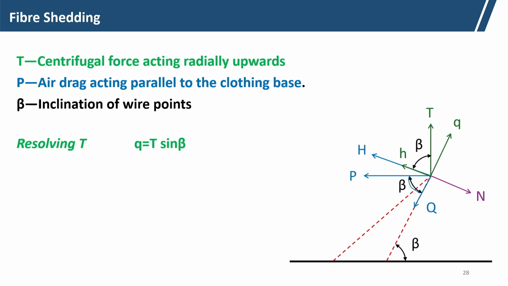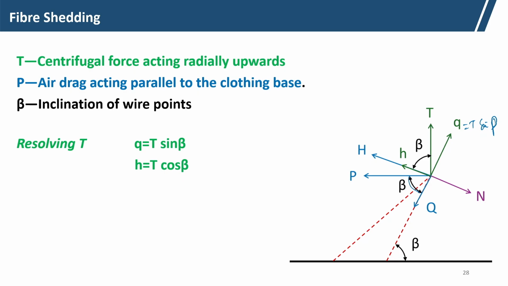T can be resolved into two components, one is Q and another is H. So, Q is equal to T sin beta, and H is T cos beta.